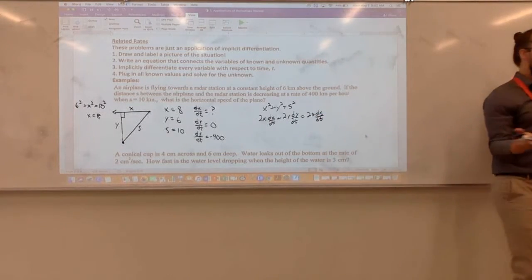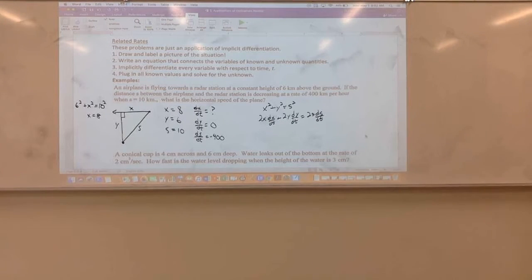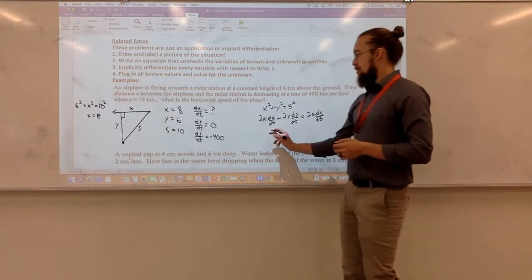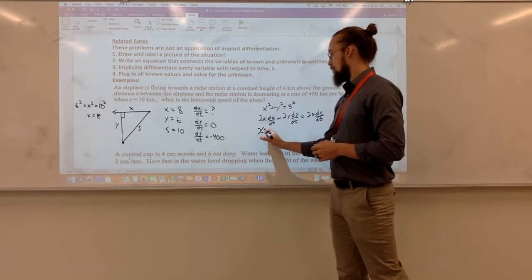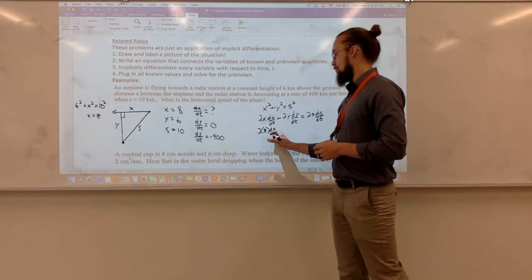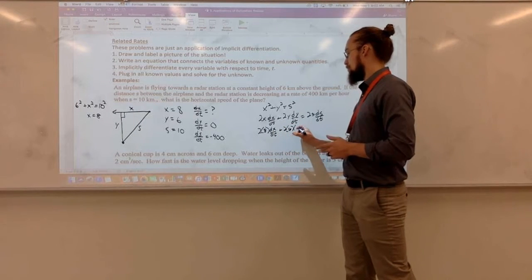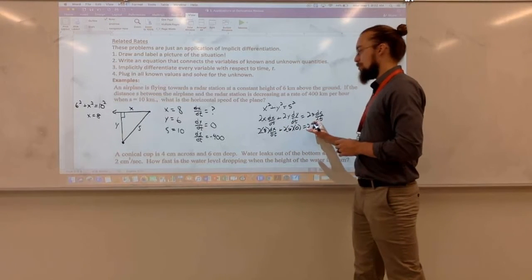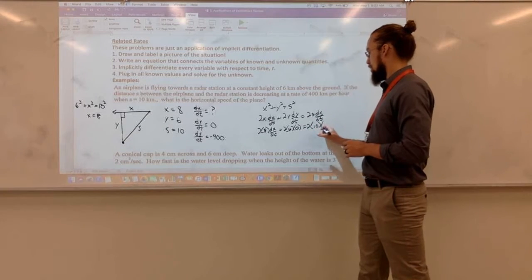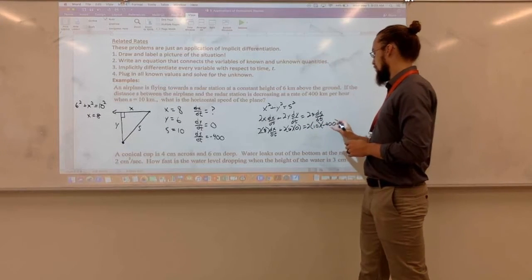Now I can plug everything in and solve for dx/dt. So I'll have 2 times 8 times dx/dt plus 2 times 6 times 0 equals 2 times 10 times negative 400.